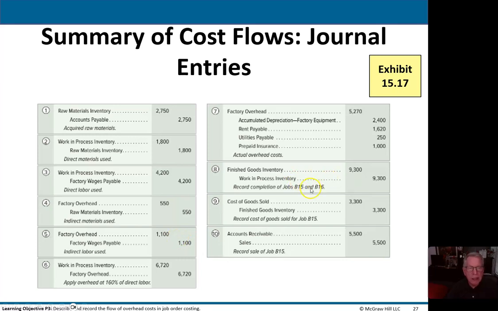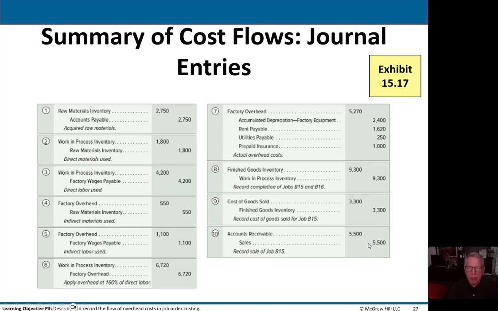Finally, we move 2 jobs out of work in process inventory with a credit and into finished goods inventory with the debit. For cost of goods sold, we debit cost of goods sold for what we sell and credit finished goods inventory to reduce that inventory because it's going out the door to our customer. But at the same time, we record the sale by debiting accounts receivable and crediting sales.